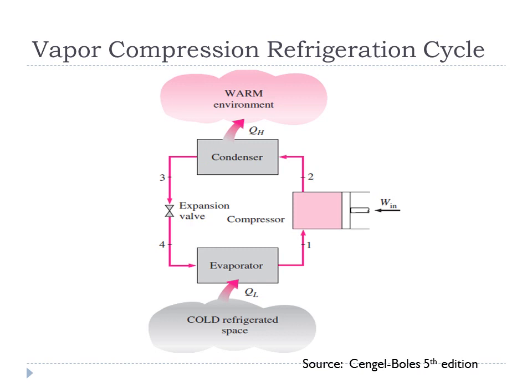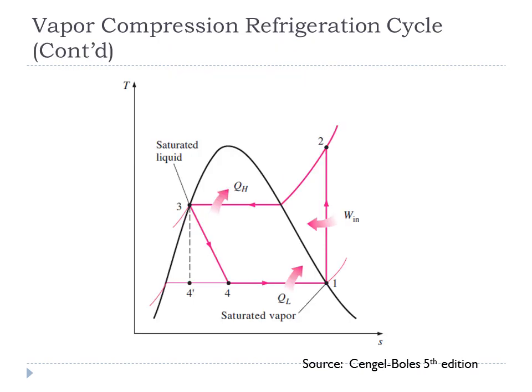Vapor compression cycle can also be shown in this figure on TS diagram. In TS diagram we see a dome type curve. Of this dome type curve, the left hand line shows saturated liquid line, and the right hand curved line shows saturated vapor line. Both are meeting on the peak of this curve, which is known as critical point.